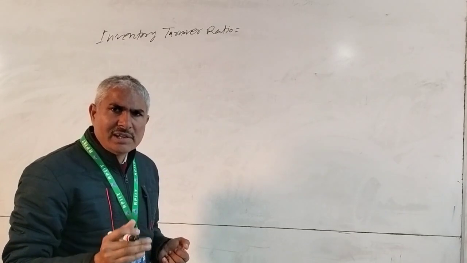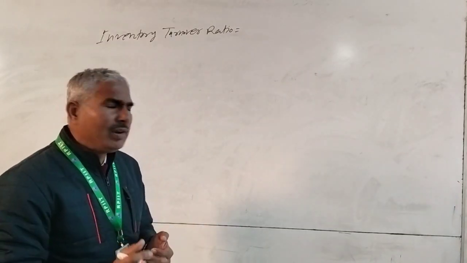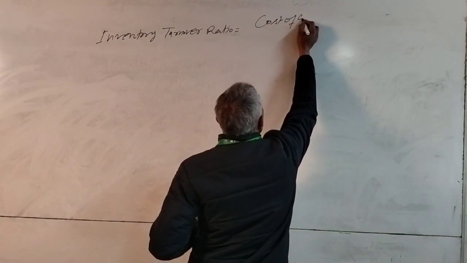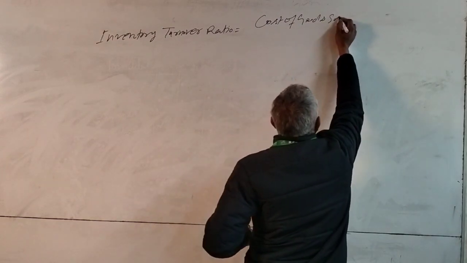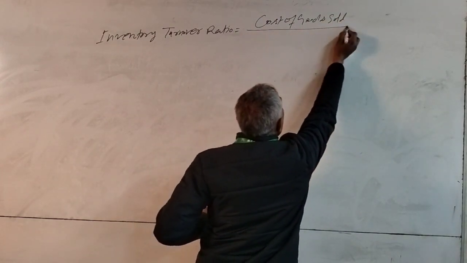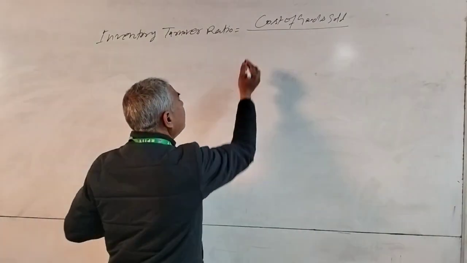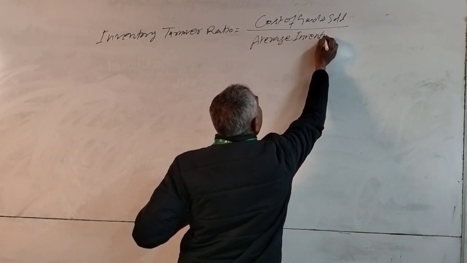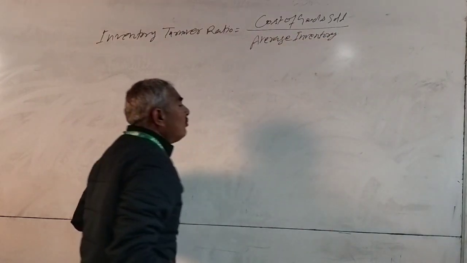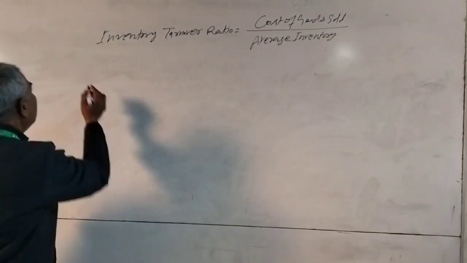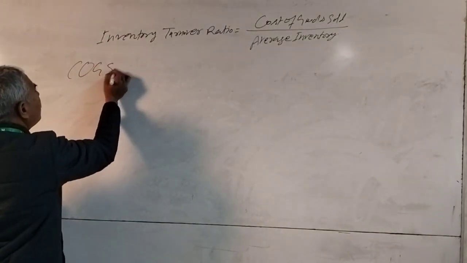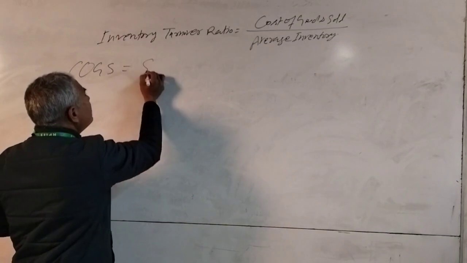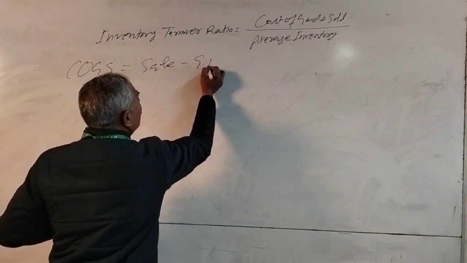For calculating the inventory turnover ratio, we apply the formula cost of goods sold upon average inventory. To find the cost of goods sold, we apply the formula sales minus gross profit.